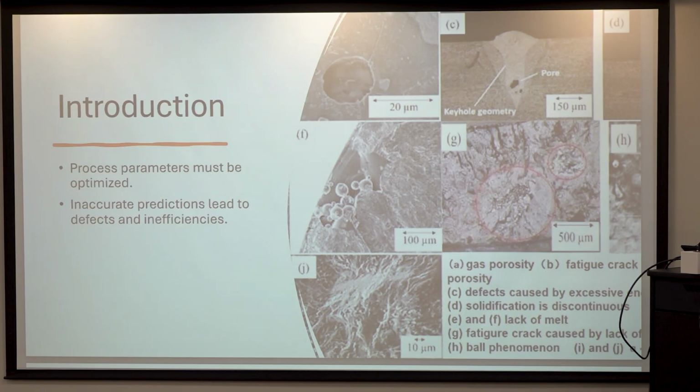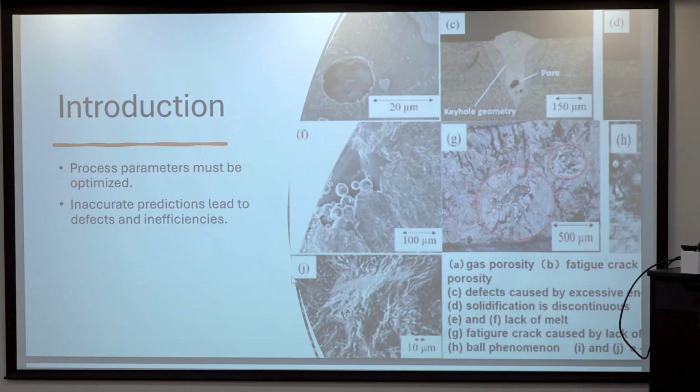Let's say for an additive manufacturing process, a parameter such as the temperature at the melt pool is crucial, because when the process is going on, if the temperature is in a certain range, then we might get a high quality product. But if the temperature is not in the range, then we might see some defects in the microstructure. So inaccurate predictions can lead to defects and inefficiencies.